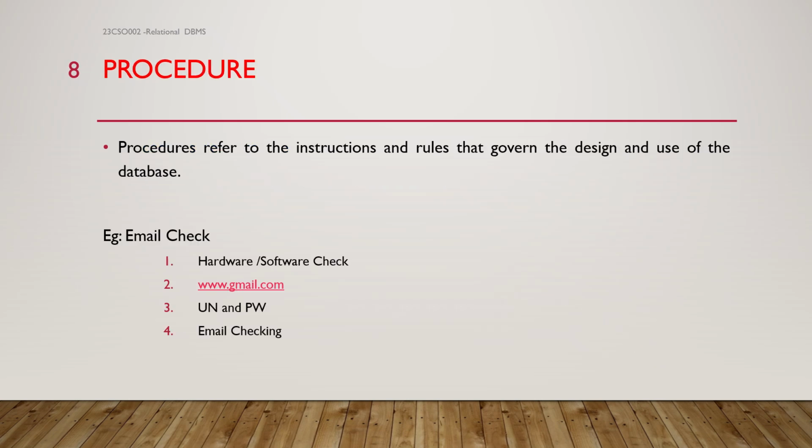Procedure. Procedures refer to the instructions and rules that govern the design and use of the database. It contains a set of instructions or a set of rules, mainly used to govern the design and use of the database. For example, hardware or software check.